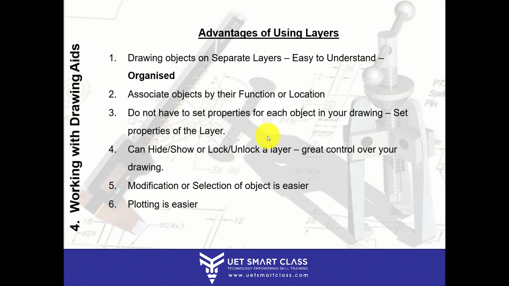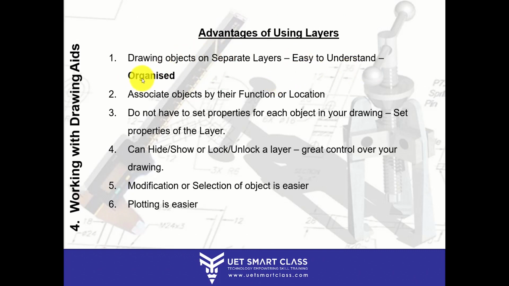Okay, now what are the advantages of using layers? The first and foremost advantage, which I already said, is that as we can draw the objects in separate layers, it is easy to understand and it is a very organized way of working.